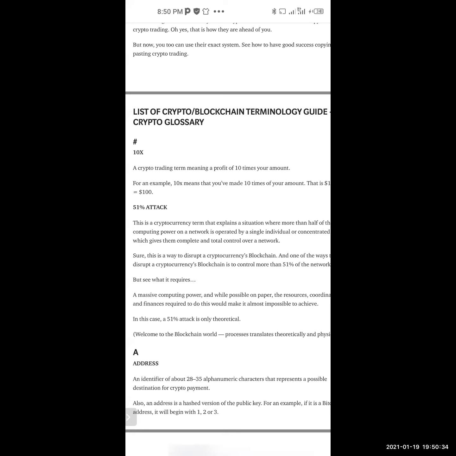And the more adoption increases, the harder it becomes to do anything negative on the blockchain. So a 51% attack means the possibility of someone taking control over the blocks of the blockchain, which means the person will control 51% of the blockchain.